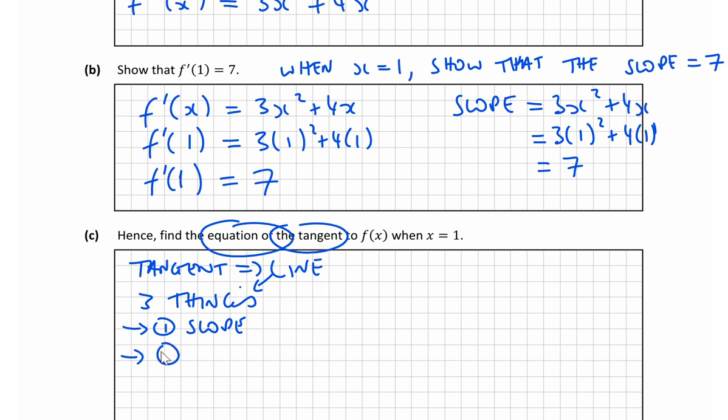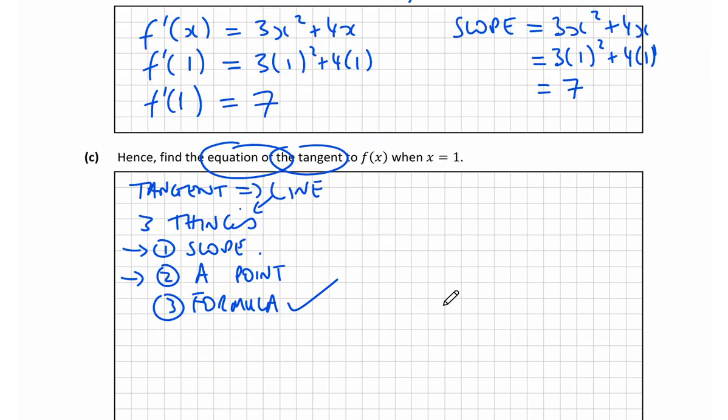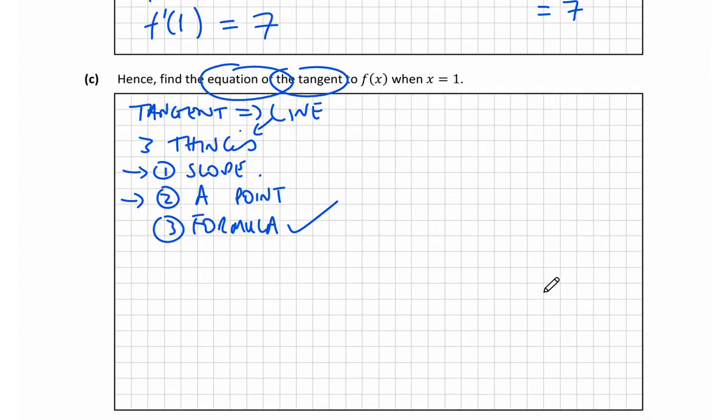Number 2, a point. And number 3, the formula. We definitely have the formula, we'll see that in a second. We have the slope as well, as we're told here. Now we don't have the point. That's the only thing. Currently, we have x equals 1 when the slope is 7. So the first thing we need to do is find out what y is.